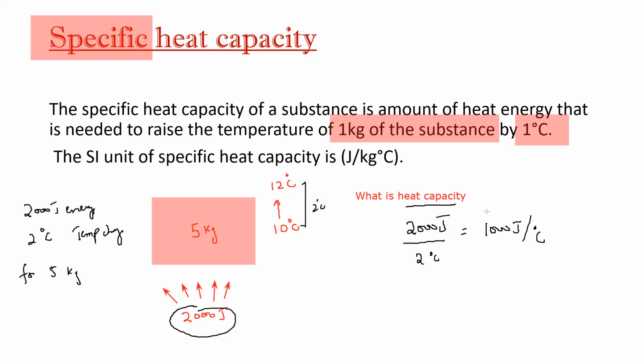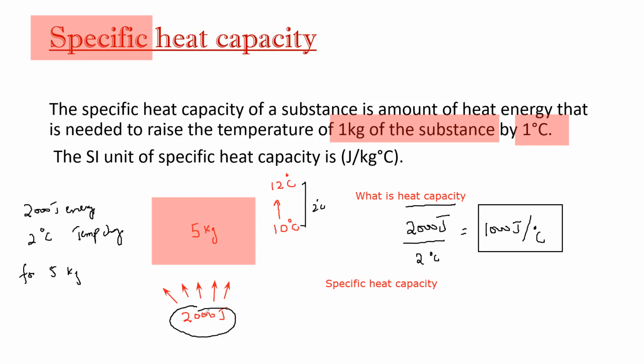Now the second part is specific heat capacity. The specific heat capacity means how much energy is needed to change the temperature of a 1 kilogram object by 1 degree centigrade.